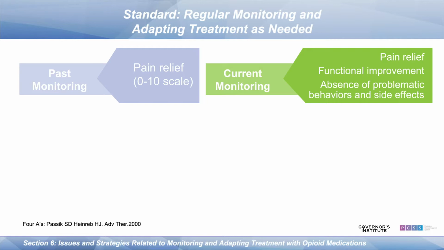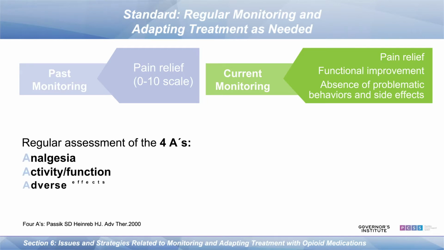For example, Dr. Passik and Weinreb stressed the need to regularly assess and document what they labeled the 4 A's as a way to remember this more comprehensive approach to monitoring: analgesia, activity or function level, adverse effects, and aberrant behaviors.